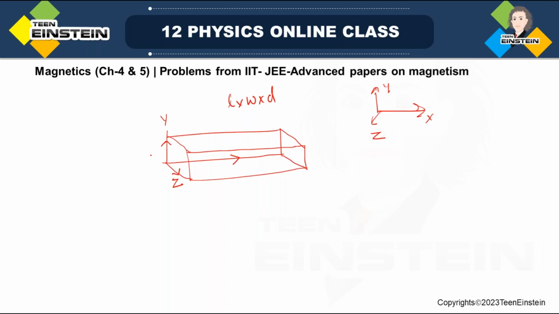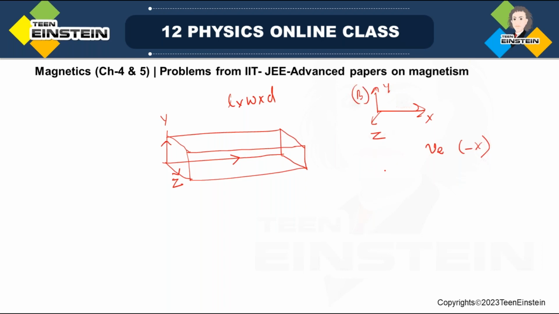So when the current is flowing in the x direction, and a uniform magnetic field is applied along the y direction, the velocity of electrons is along the negative x-axis. I hope you agree with me. And the magnetic field is along the y-axis.